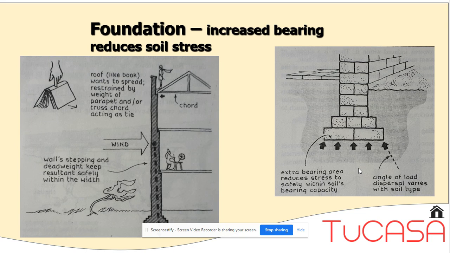So by spreading the load, if you like, you're reducing the stresses on the soil. Note the decreasing thickness of the external wall through that section as you rise through the building, because of course the lower the building, the greater the loads imposed on the external wall.